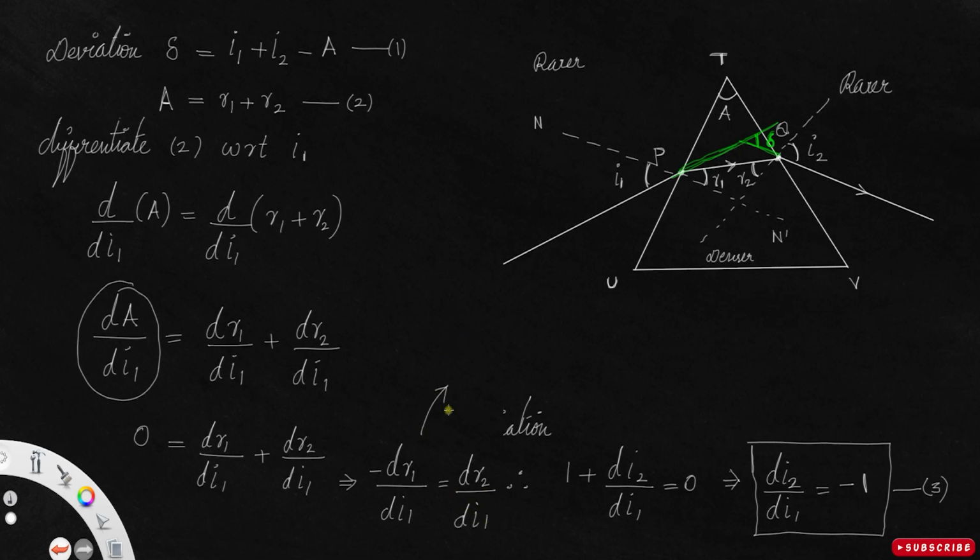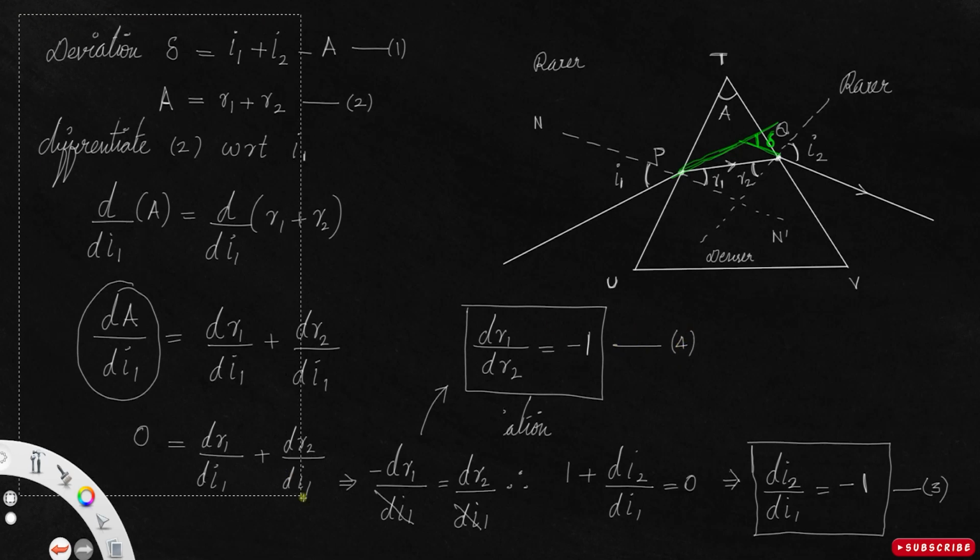Simplifying this, you will get dR1 by dR2 is equal to minus 1. Or you can take dR2 by dR1 equal to minus 1. Either way it is correct. So let's take this as equation number 4. Clear?